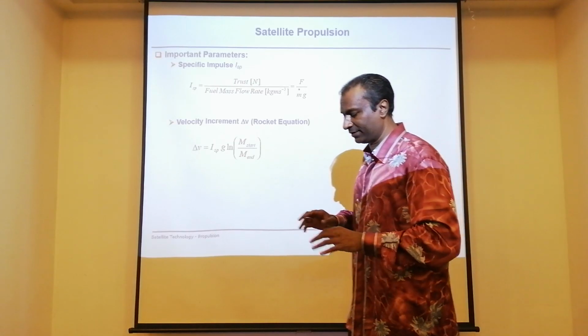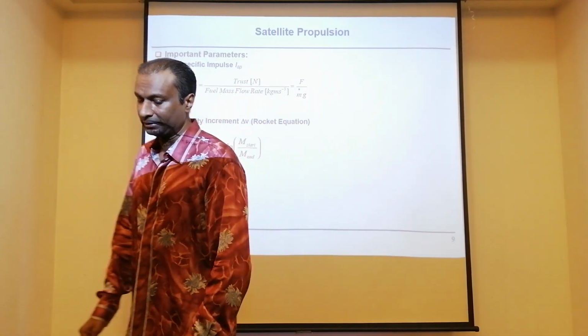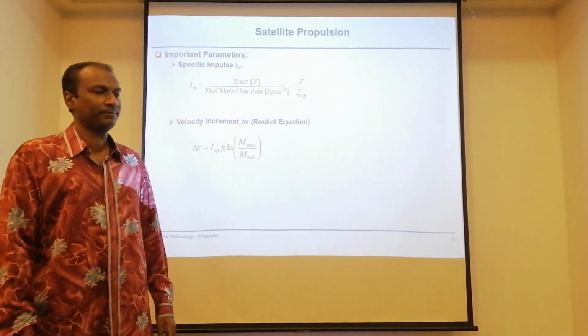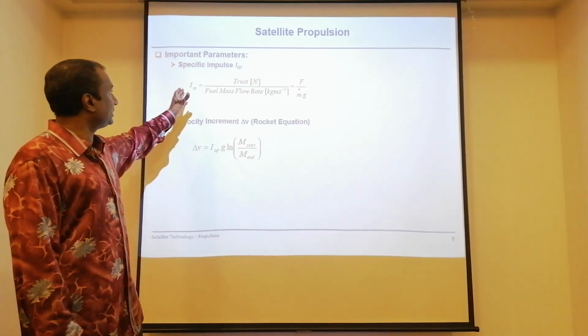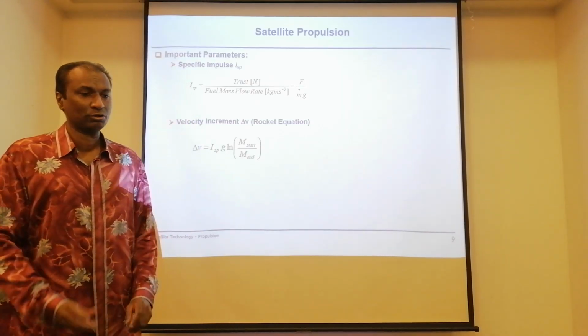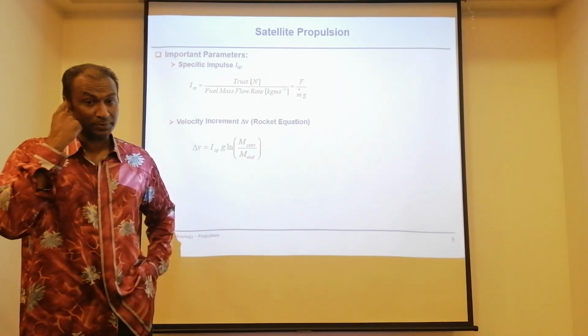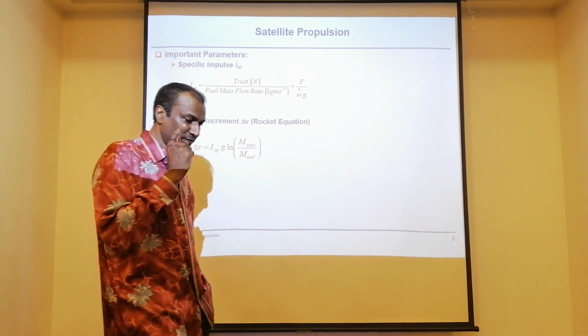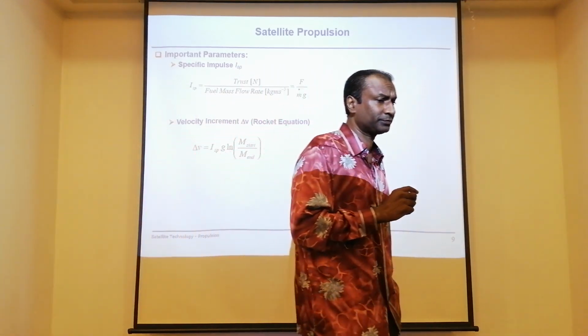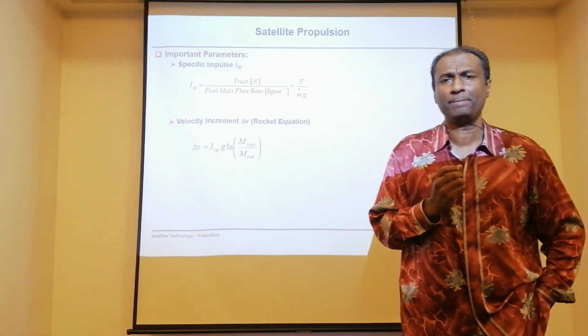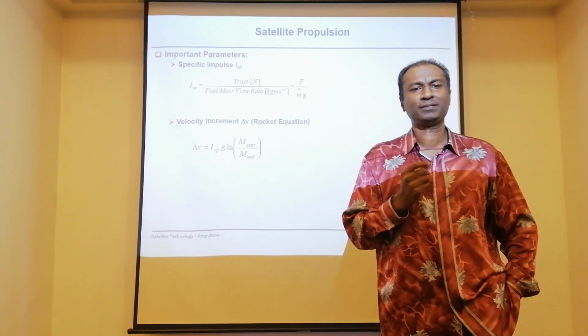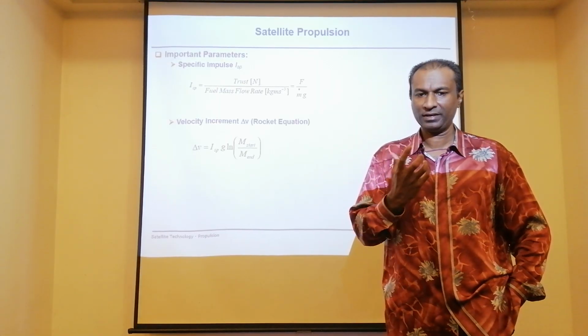Now, this is a very basic equation that you can see. First is basically the specific impulse. When you talk about propulsion systems, we talk about specific impulse, because it is a measure of the efficiency of a particular engine.